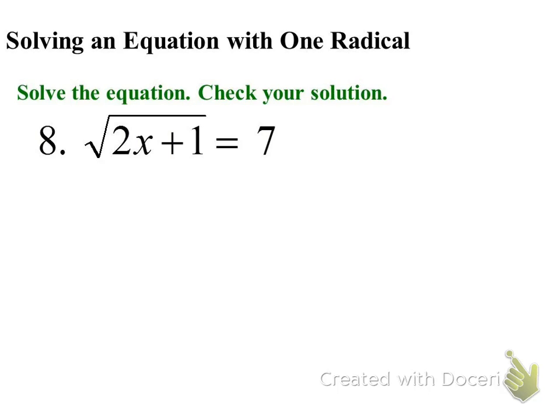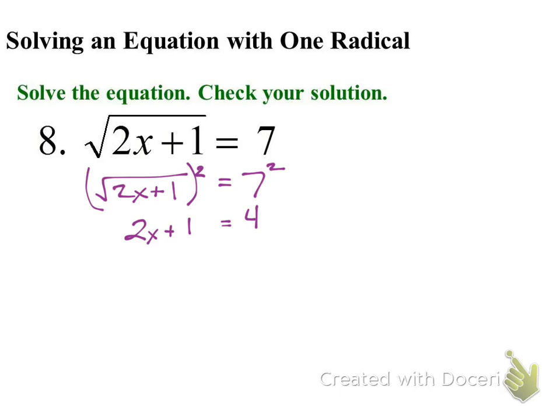Next problem, again, the entire expression on the left side is being square rooted. So in order to get rid of that, you've got to square both sides. And then subtract 1, divide by 2.